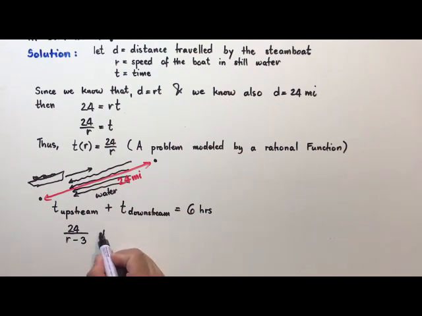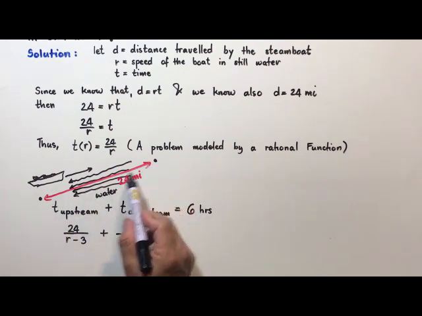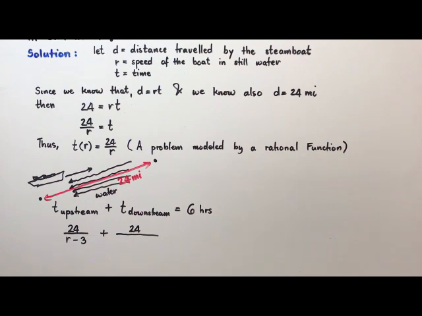But when you go downstream, again, the distance that you will travel is still 24 miles, because when you are up here and going back, it is the same distance of 24 miles, but your speed is not anymore r minus 3, this is r plus 3. Why? Because this is your speed in still water plus the current of the water.